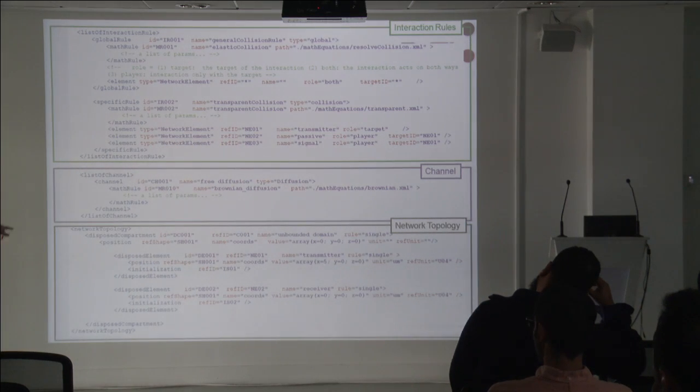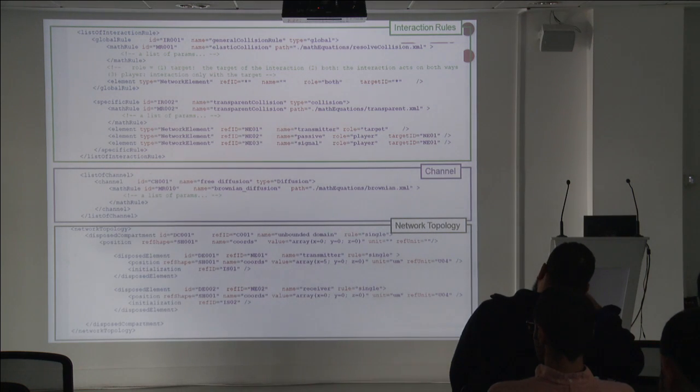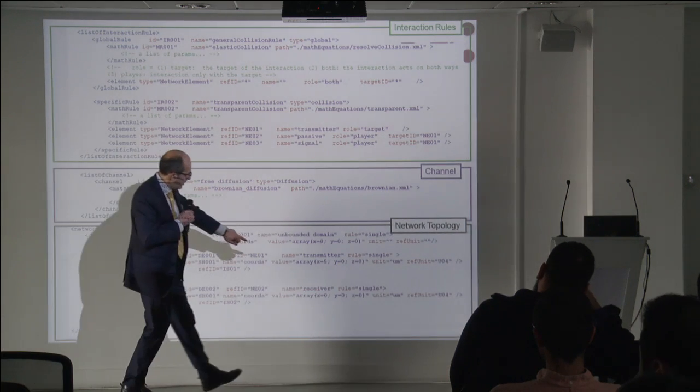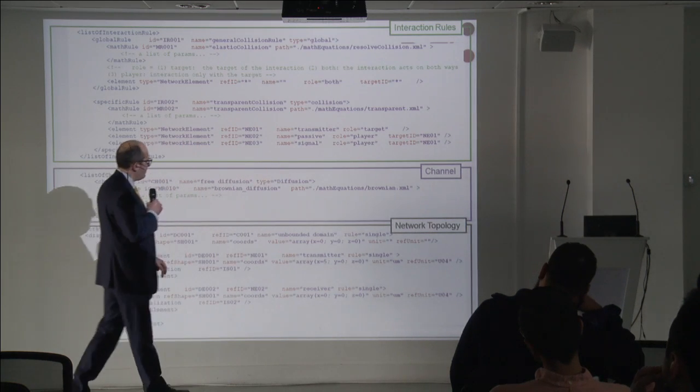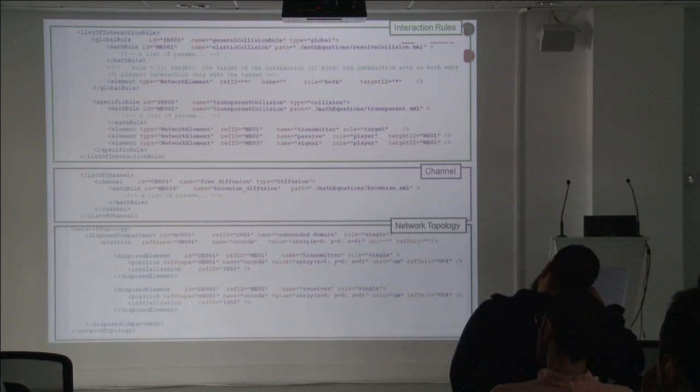And again, network topology. Here we can see that the elements of the communication are located here, transmitter and receiver. We have the coordinates of the transmitter and receiver. We don't have any indication about the orientation because the propagation is isotropic.